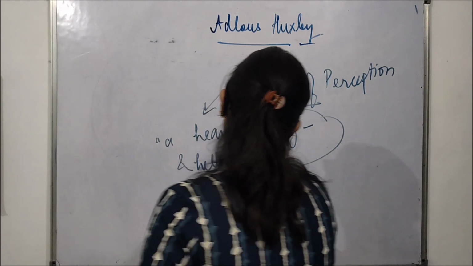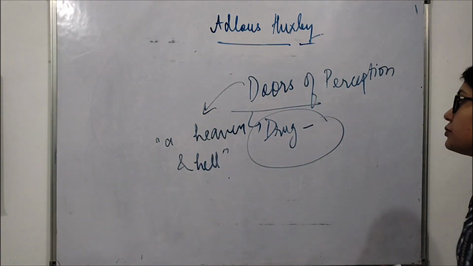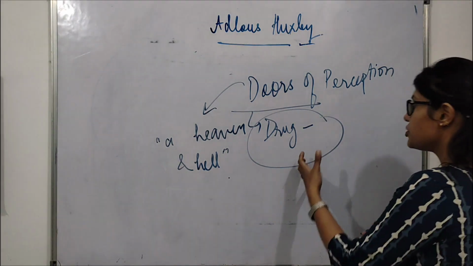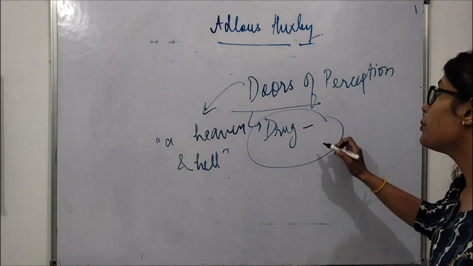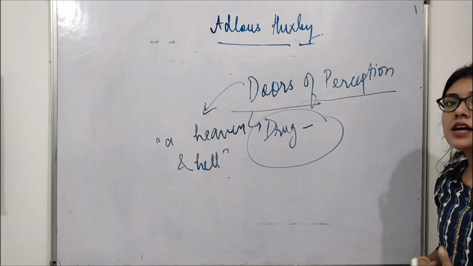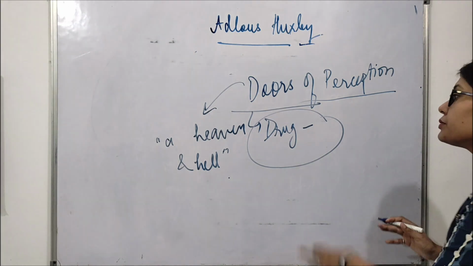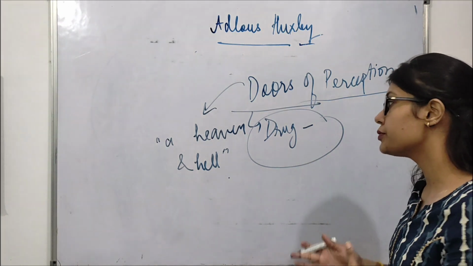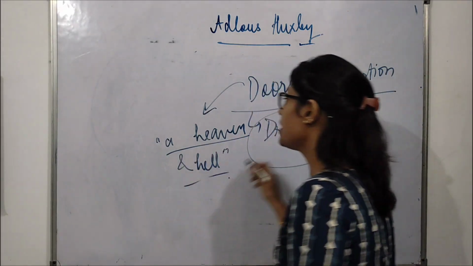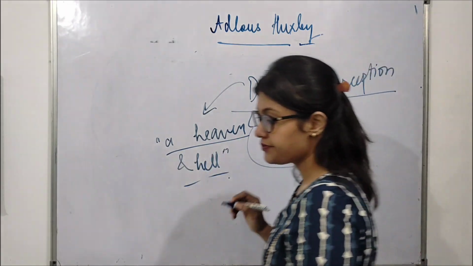Now it's very symbolic, you can understand it yourself, because when we do experiments with drugs, what we see is a different perception that comes in front of us. There's a different perception that a person on drugs would have from a normal person who is not on drugs, and it could be a part of a heaven or a hell.